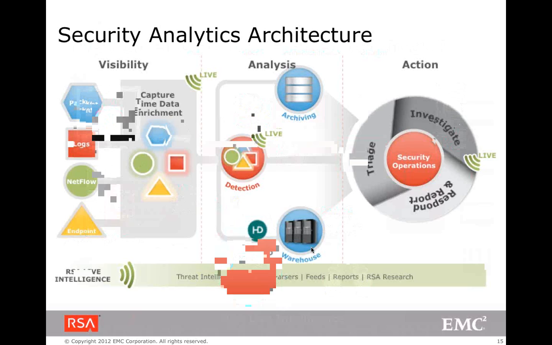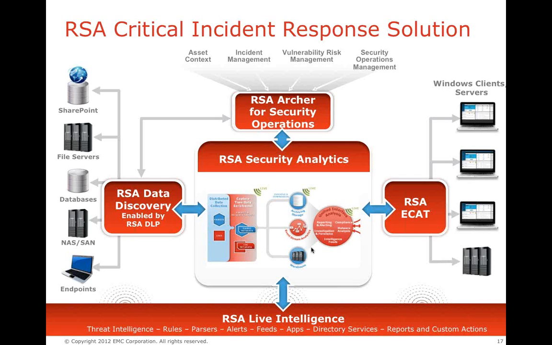So that is where the RSA ECAT system allows me to delve into the endpoint and look very, very deep, very, very granular into every process, every data that is sitting within that endpoint and those compromised endpoints. And of course, the security operations platform allows me to do incident management, allows me to do the risk management, allows me to have the L1 and the L2s and the different SOC program managers to be working with each other.